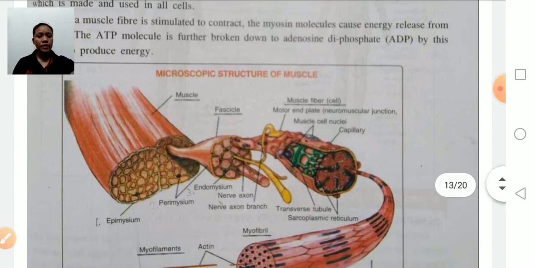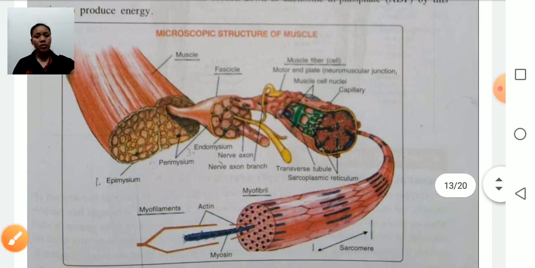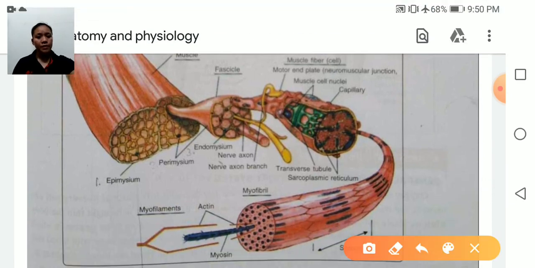This is the microscopic structure of muscle. The muscle is covered by a thin layer called epimysium. A group of muscle fibers is covered by perimysium, and the single individual muscle fiber is covered by endomysium.